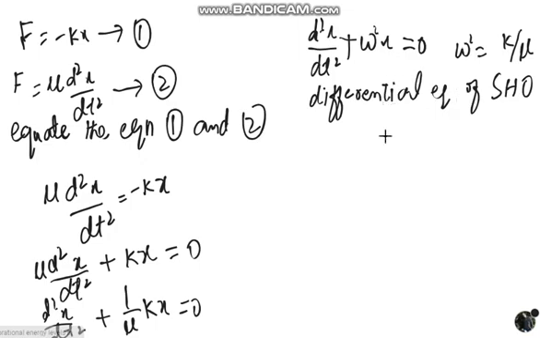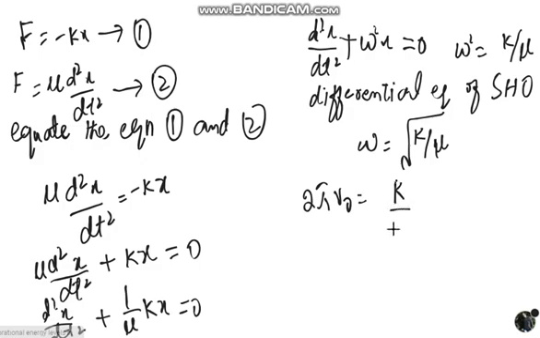The angular frequency is omega, equal to the square root of k divided by mu. That is the angular frequency of the simple harmonic oscillator. We can also write the angular frequency as 2 pi nu naught, so nu naught is equal to 1 over 2 pi into the square root of k divided by mu.